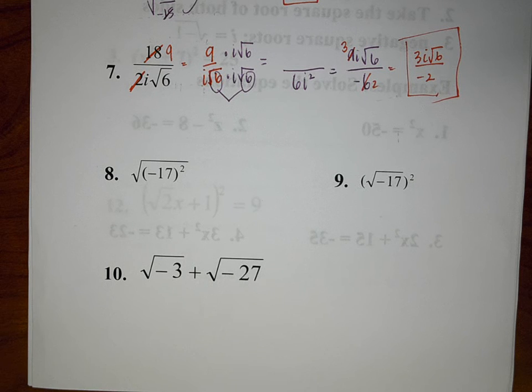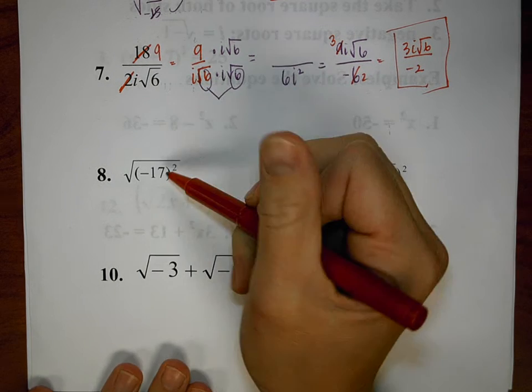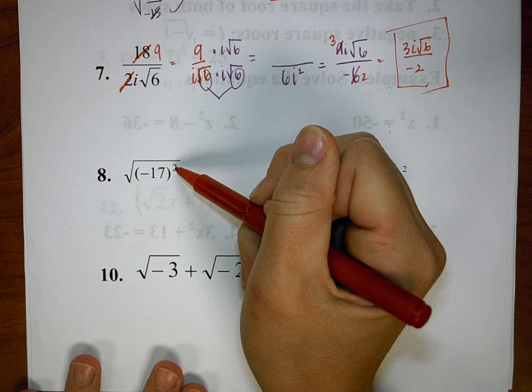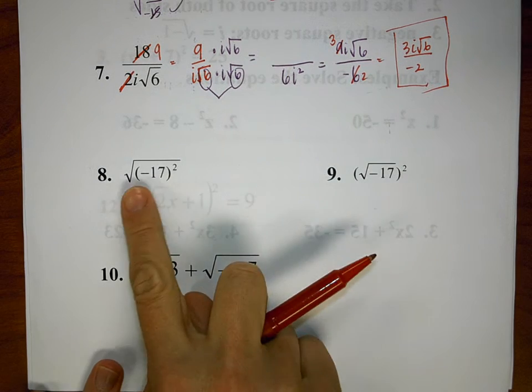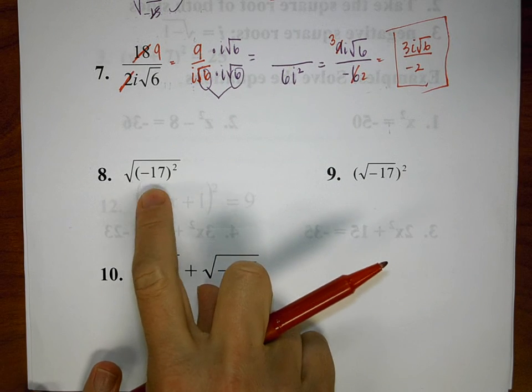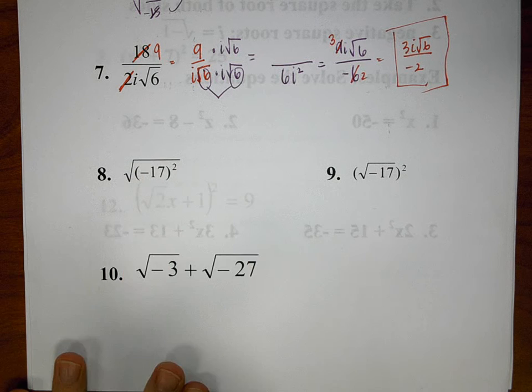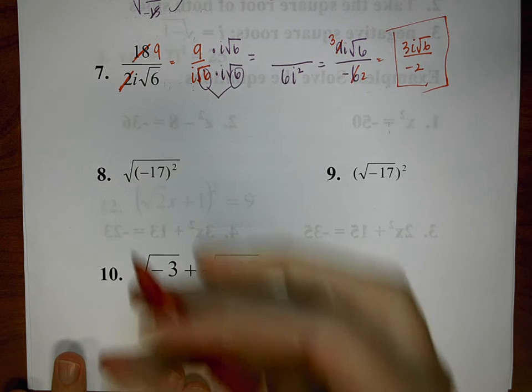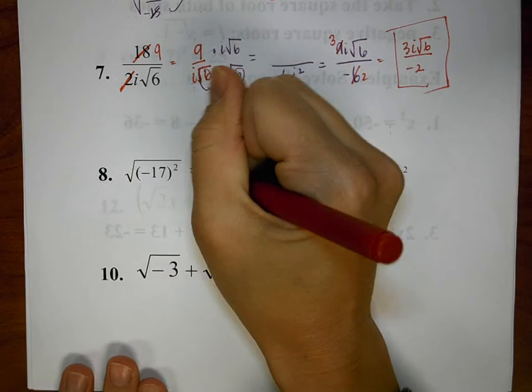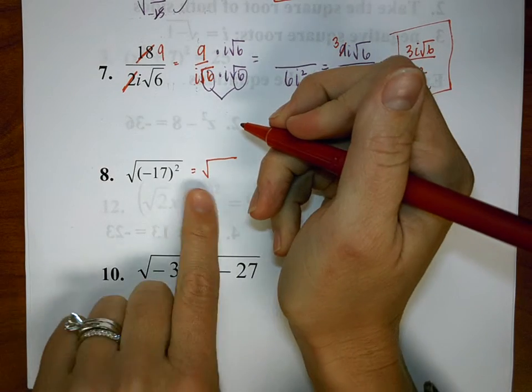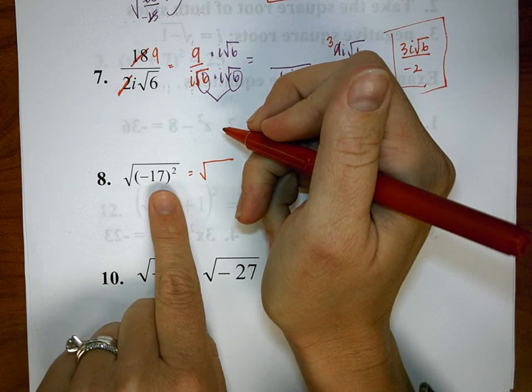Okay, 8. See how this squares right here with these parentheses? You always want to get rid of your parentheses first, if you can. So when you square this negative, what does it become? What's a negative times a negative? Positive. So we're taking care of the parentheses before I do the root.